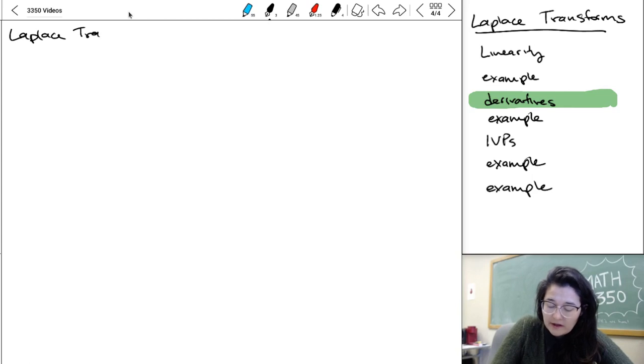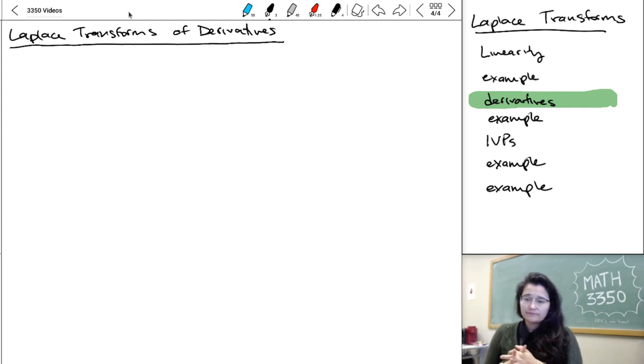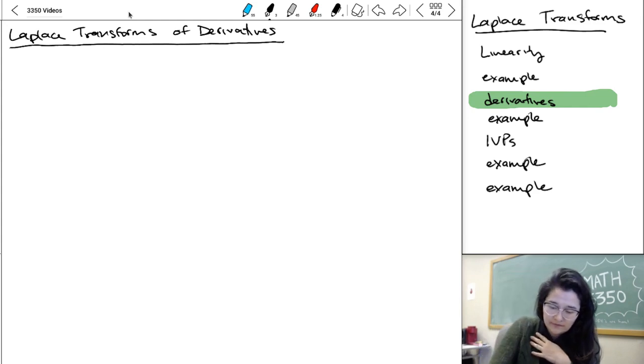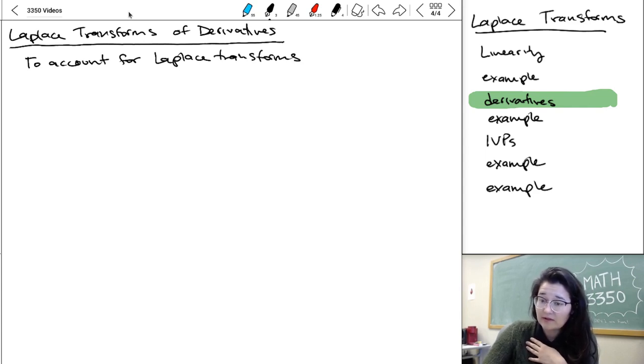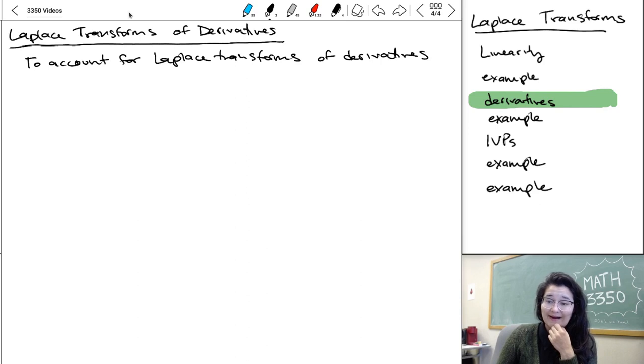Since we're going to be working with ODEs, we're going to see a lot of derivatives. To deal with these derivatives and be able to take Laplace transforms of them, we're going to use some formulas that I'll write on the screen in a second.